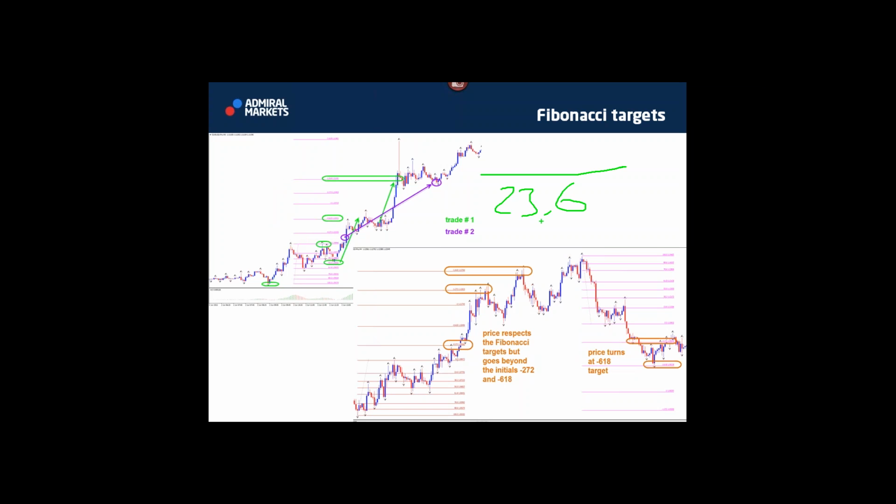Here's the top, and then I have all the other fibs all the way down to the 100 level, and here's the 38.2. By adding targets, minus numbers, in this bullish situation they are projected above the top, minus 27.2 and minus 61.8.